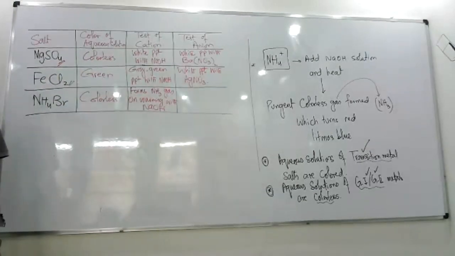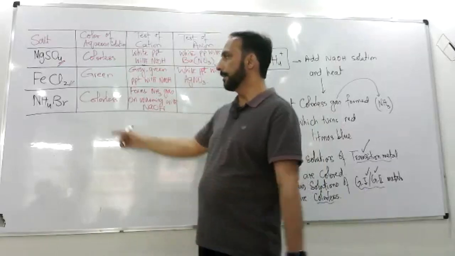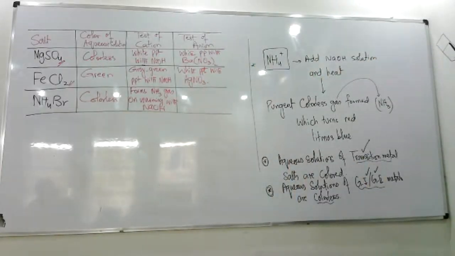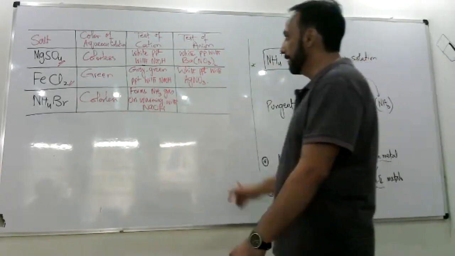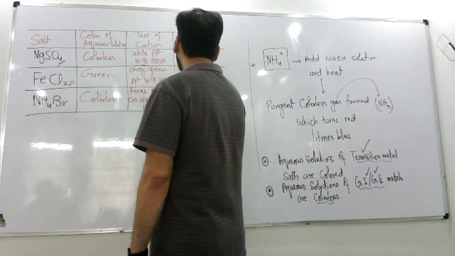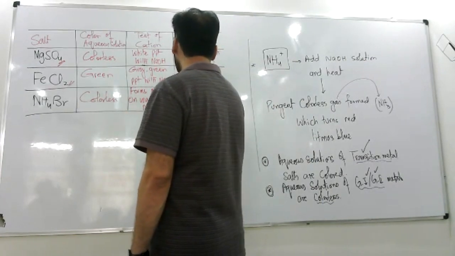Like अगर आप NaOH डाल के इसको warm करें, it will form ammonia gas, and then the negative ion is the halide ion, bromide. उसके साथ इसका टेस्ट वही है कि gives cream color PPT with silver nitrate solution.